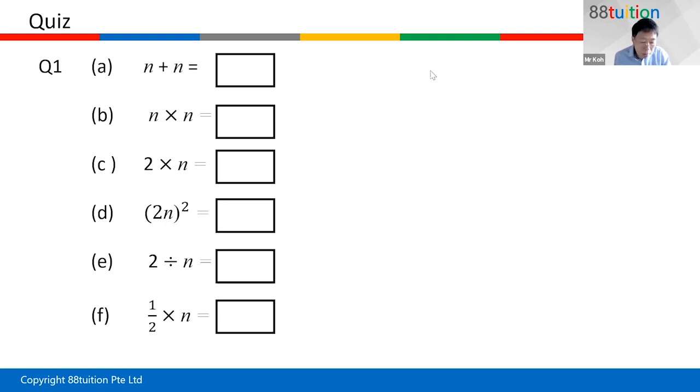Yours will be A, B, and D. Okay, so A, B, and D. Okay, E and F no issue. B and D I never learned before. Yes, I know. Okay, so 2n times 2n. Okay, n times n. That's okay.